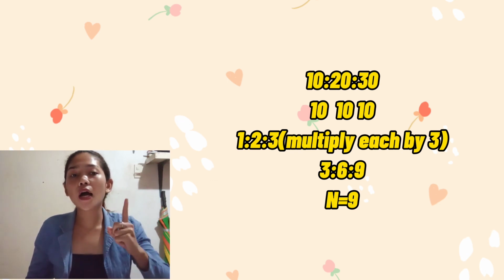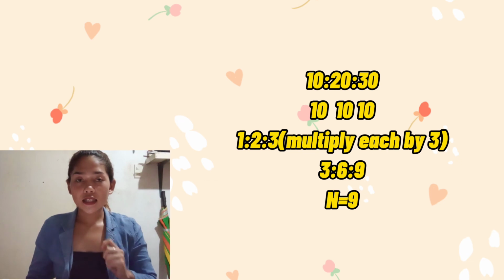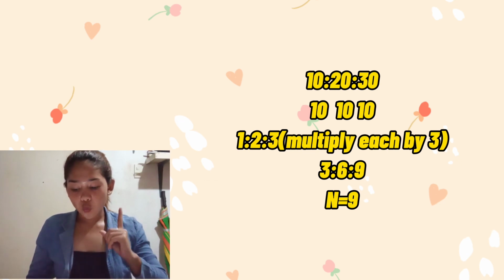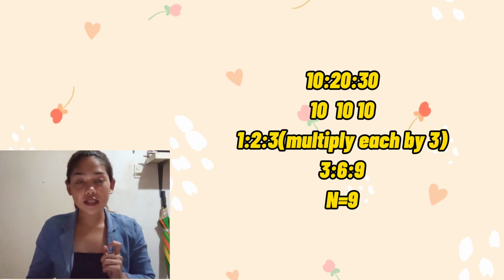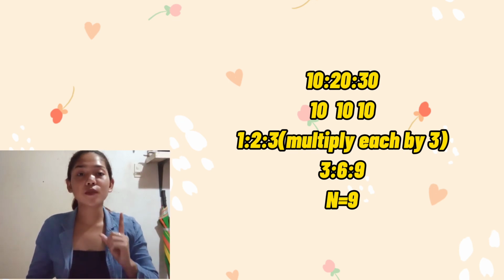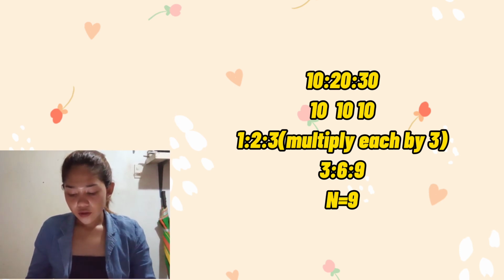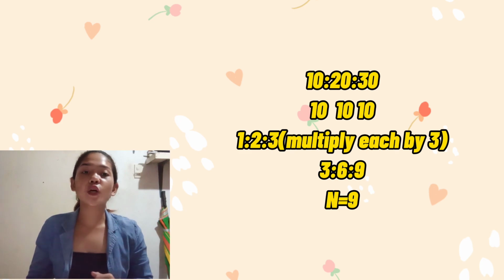Okay, so 1 times 3 is equal to 3, and 2 times 3 is equal to 6, and 3 times 3 is equal to 9. Okay, so the value of n is 9.